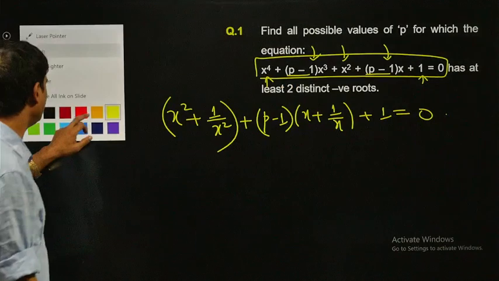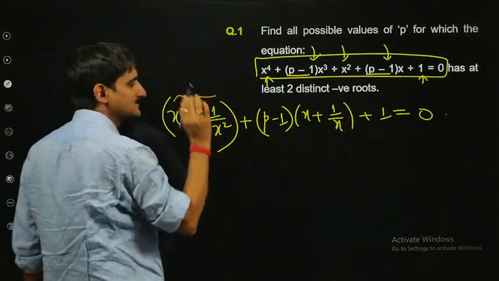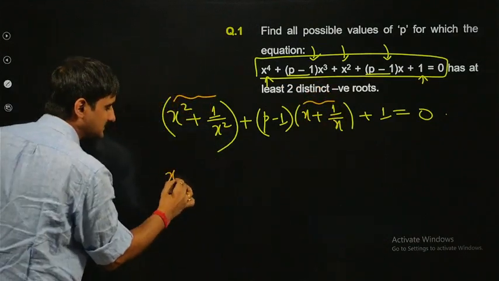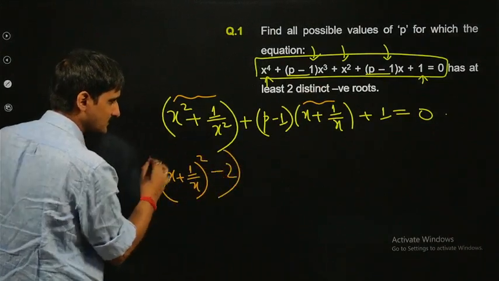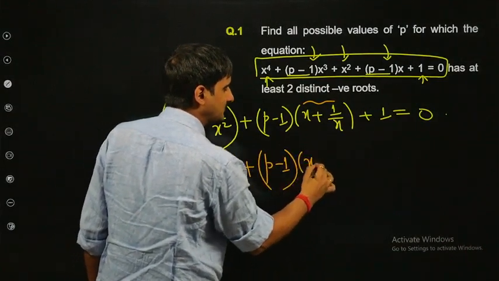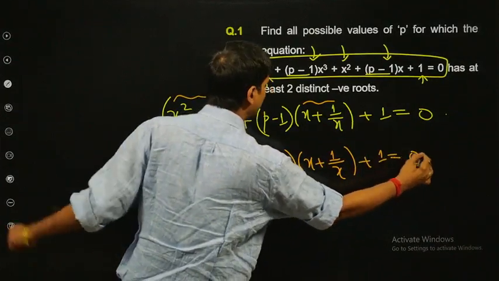Now here again we know how to approach. We'll be expressing this as a perfect square in the form of x plus 1 by x. So it is x plus 1 by x whole square minus 2, plus p minus 1 into x plus 1 by x, plus 1 equal to 0.